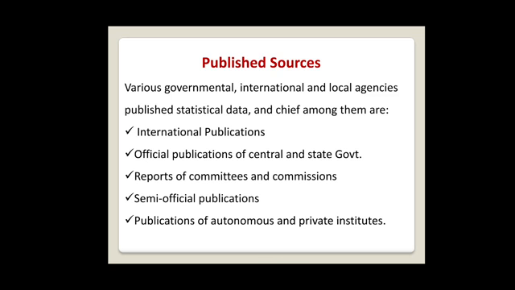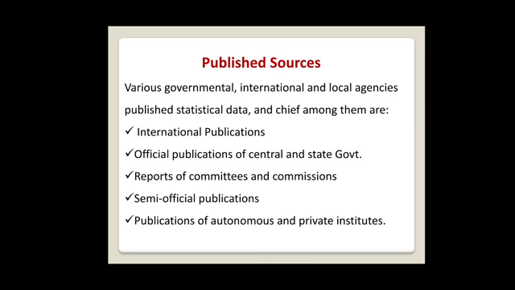Let us first discuss the published sources of secondary data. Dear students, secondary data is usually gathered from the published, or we can say printed sources. Some major sources of published information are given here in this slide. Number first source of published information is international publication.